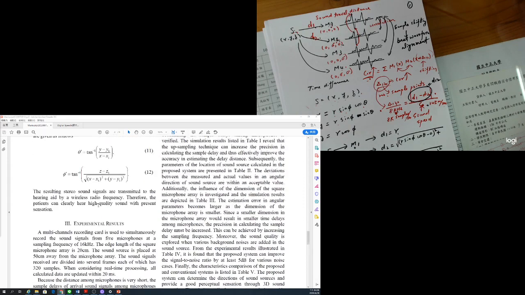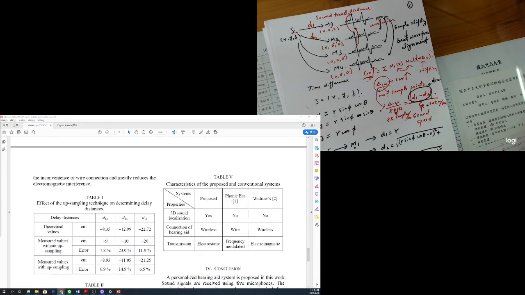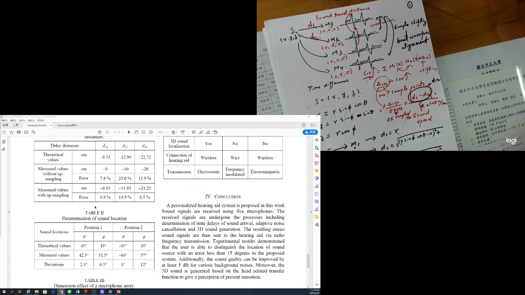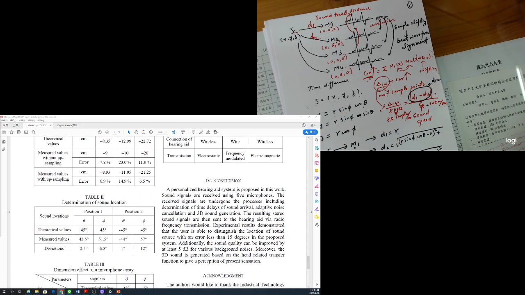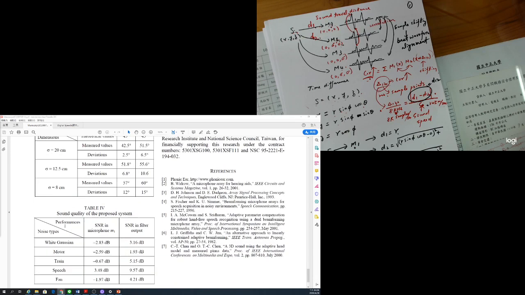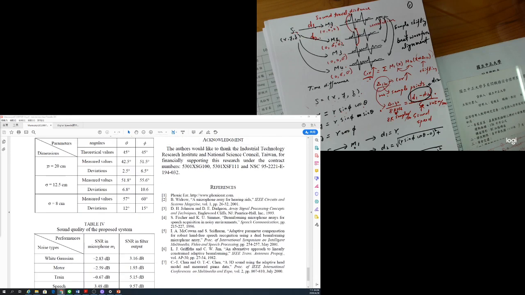So we have theta and phi, and you can see what we did in the experiment. We have an ideal value and a measurement value, and we compare what the difference is with upsampling or no upsampling. This one I will give you later. It looks like if your microphone array is bigger, the resolution will be better.